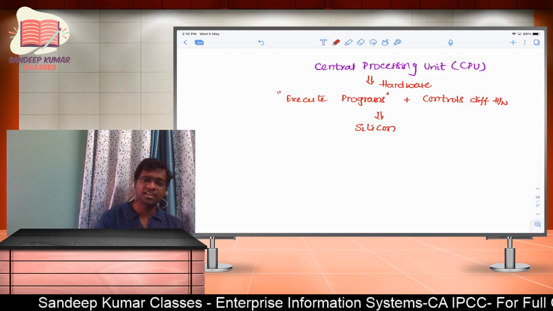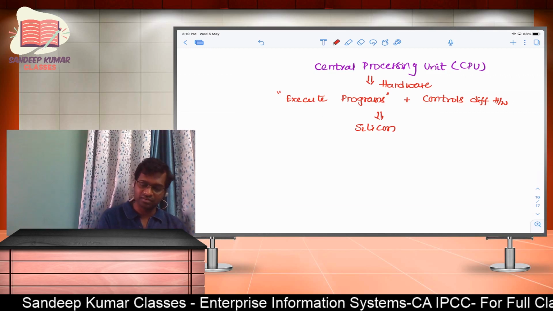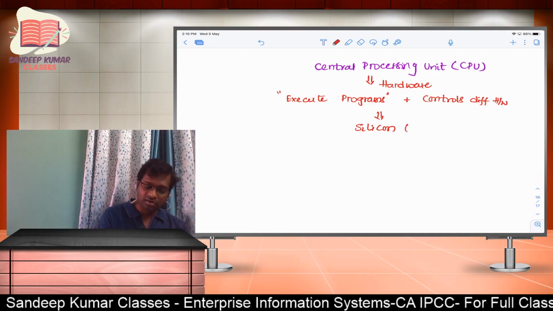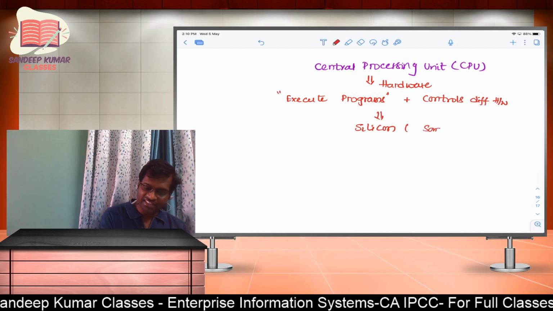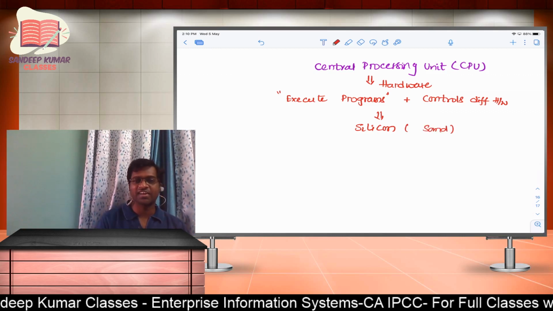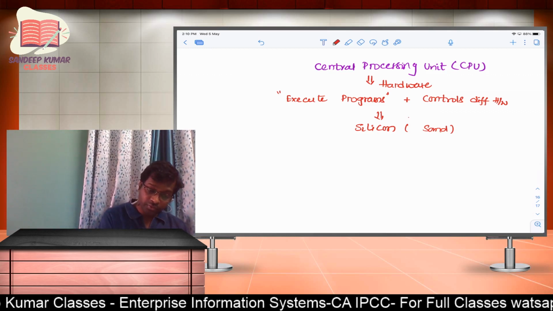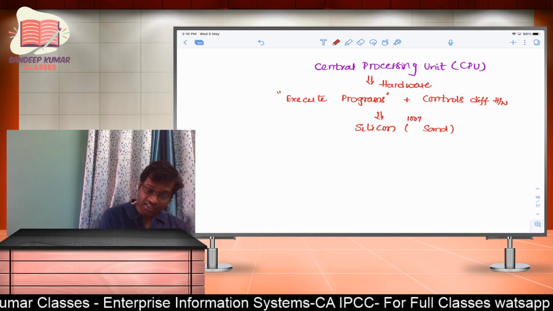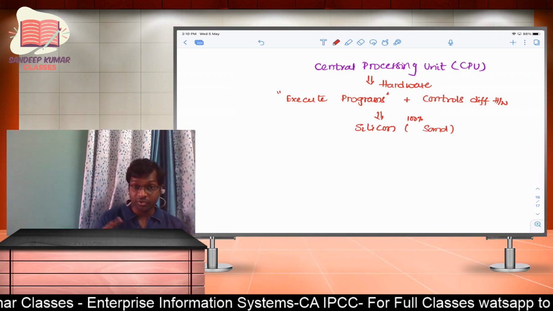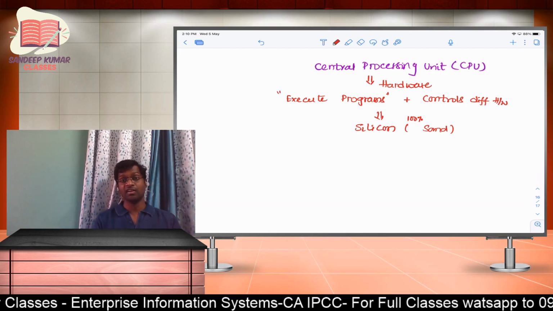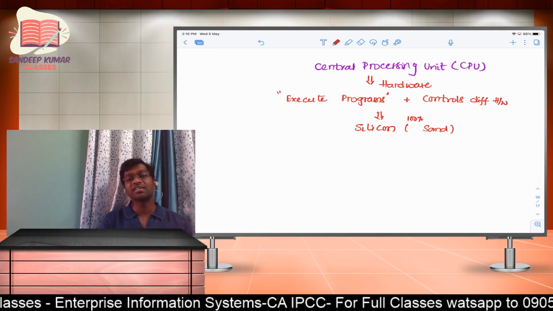Silicon is nothing but a small material. So which material do we use, sir? We use sand. We have so much sand, but can we call it silicon? No. We need to purify this sand to the extent of 100%. Then only do we call the sand silicon.